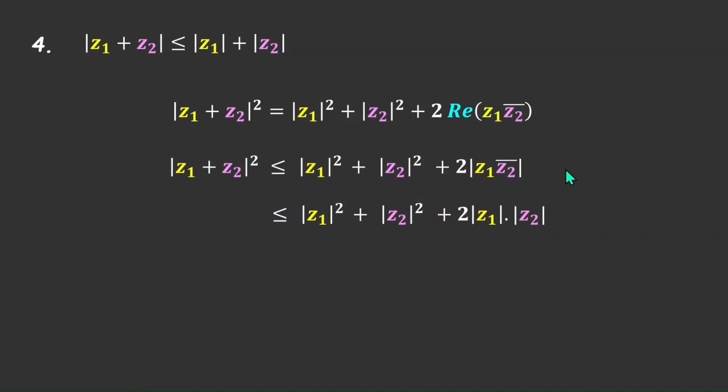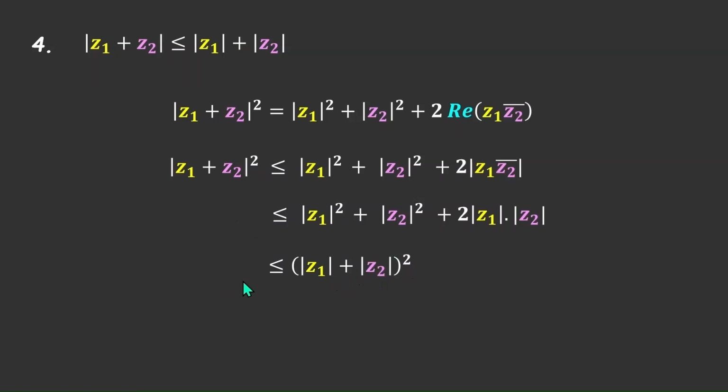We used the 3 theorems that we earlier proved in this question. And now you have to realize that mod of z1 is any general real number. So ultimately what we're getting here is a square plus b square plus 2 times a into b. So it can be written as mod of z1 plus mod of z2 whole squared.